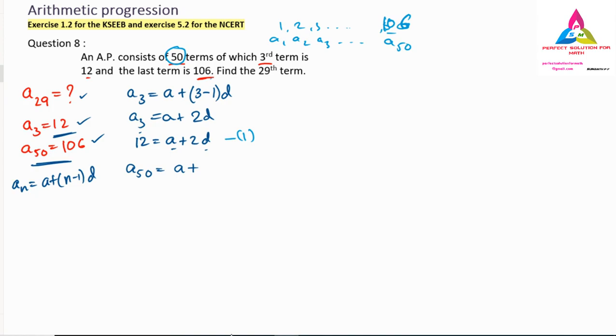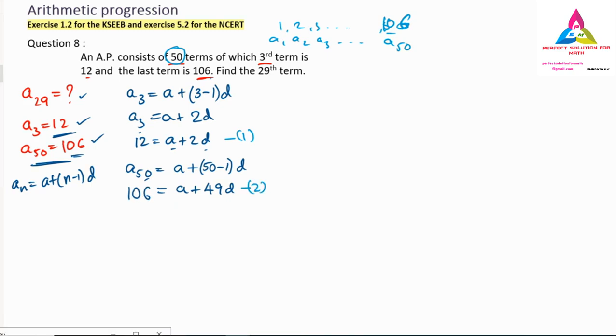Those who don't know how we got 49, substitute in the formula: An is equal to a plus n minus 1 into d. Here n is 50, so a plus 50 minus 1 into d, that is a plus 49d. What is the value of A50? A50 is 106. So this is our equation 2.